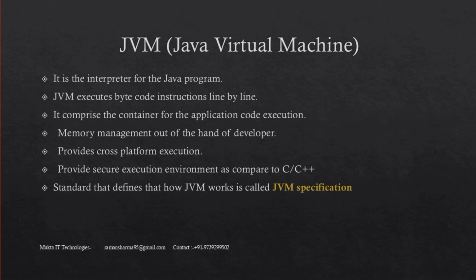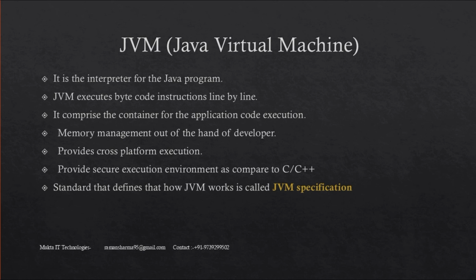For example, you may run your application on the Windows operating system or Linux, but it does not matter for the JVM because it is not talking to the operating system directly. It first takes the bytecode, and that bytecode file is your class file. I hope you understand this.